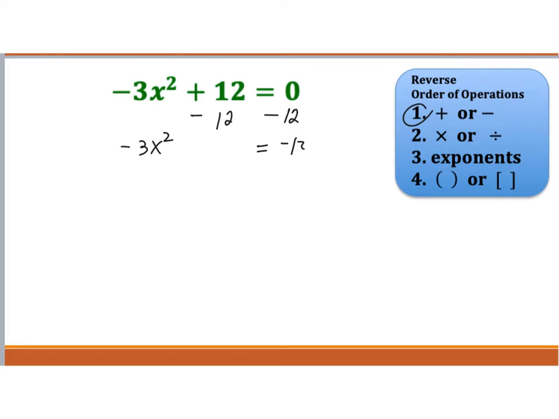So now we are left with negative 3x squared equals negative 12. To undo multiplication, we use division. So we divide both sides by negative 3. That gives us x squared is equal to positive 4.